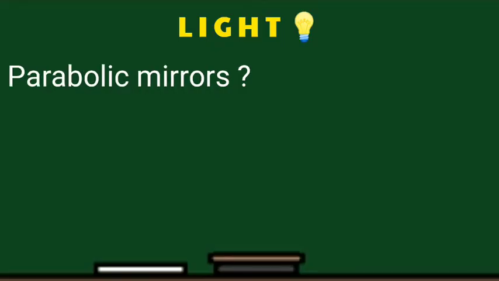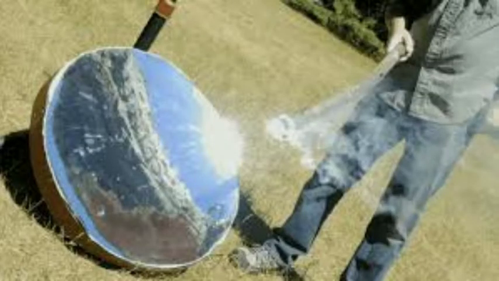Next, parabolic mirrors. A parabolic mirror is in the shape of a parabola. It's one type of curved mirror. It has a concave reflecting surface and this surface directs the entire incident beam of light to converge at its focal point.